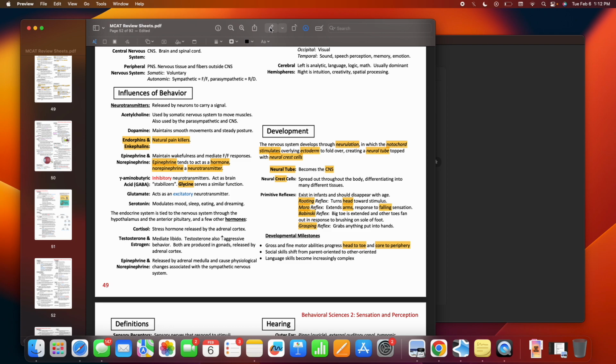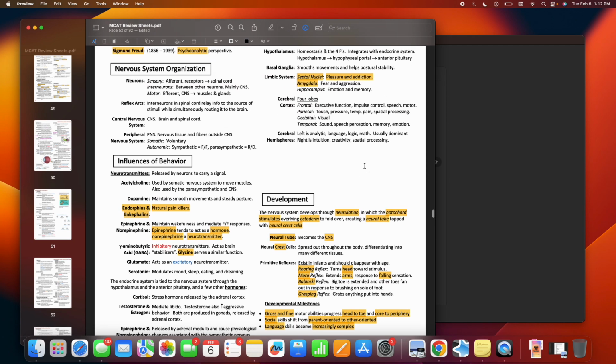And social skills shift from parent oriented to other oriented. And language skills become increasingly complex. So for language, social, gross and fine motor skills. Nice. Okay, so we're done with this chapter 2.